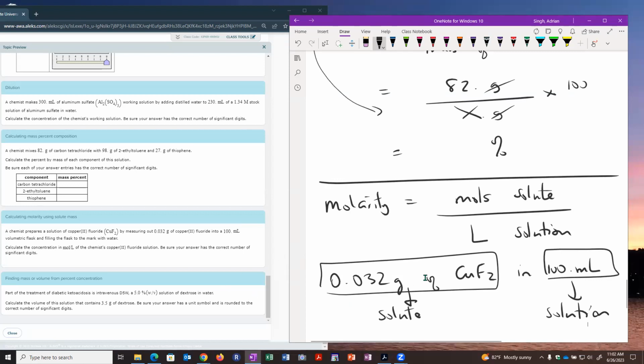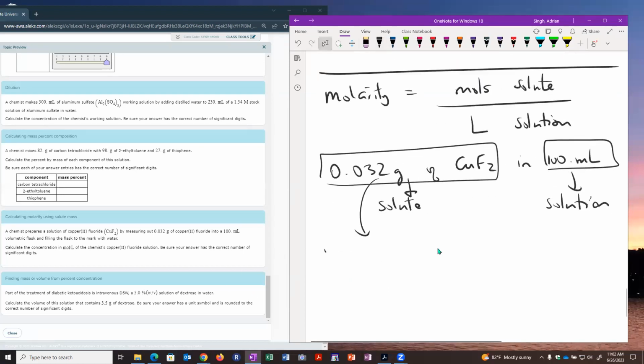So we need the correct units now, though. We need to convert grams to moles. How do you go from grams to moles? Well, you use the molar mass. How do you get the molar mass? We use the periodic table. So we look up the individual masses of these, and we can compute that. You have 1 copper and two fluorides, so copper II fluoride.